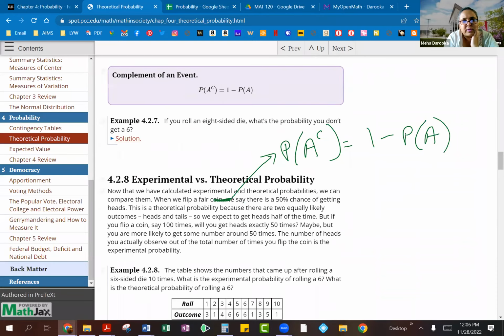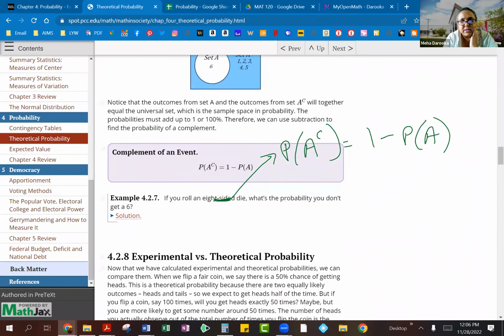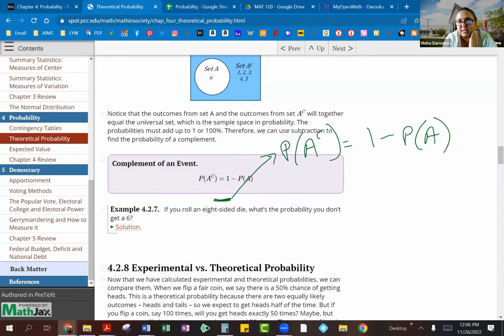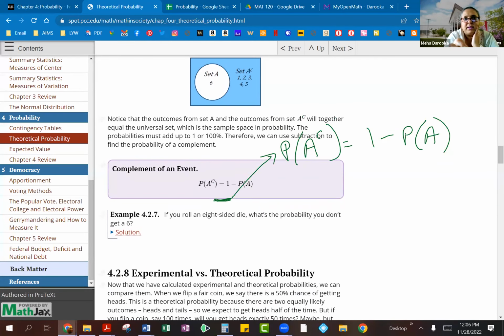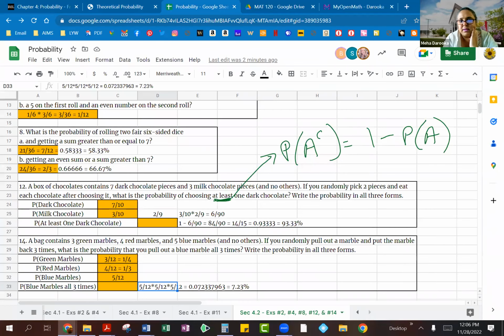Yeah, so that means you would be using the complement of an event formula to find that probability. Anybody else? Any other question on this, guys?